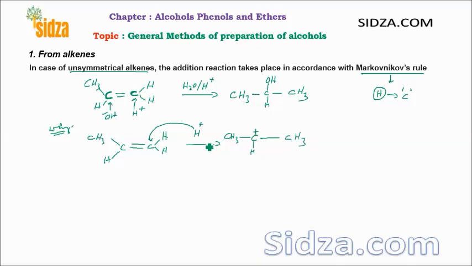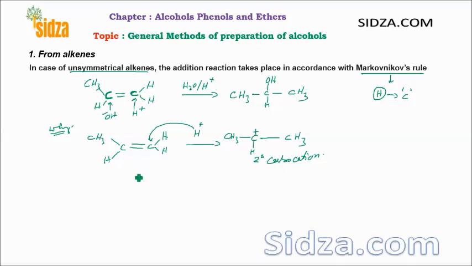This is as per Markovnikov's rule. The electrophile is added to the double bonded carbon with more hydrogen atoms. This carbon has 2 hydrogens, and this carbon has only 1 because it has a methyl. So you get a secondary carbocation, a 2-degree carbocation.